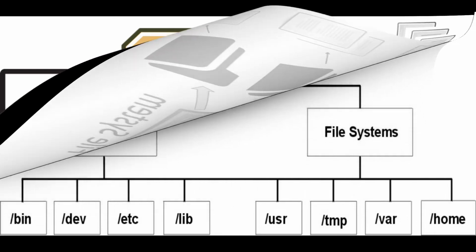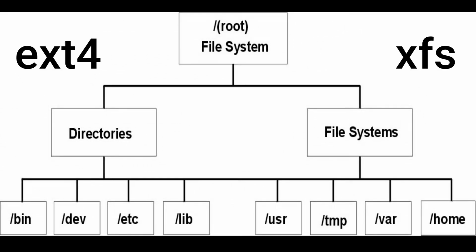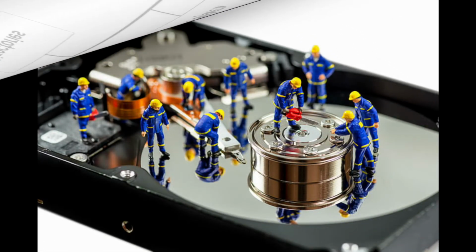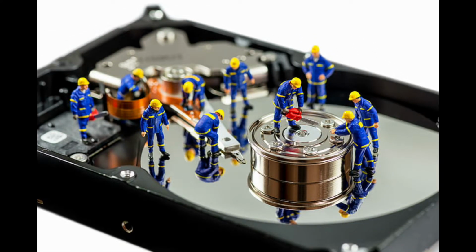In Linux, the common file systems are ext4 and XFS, while for Windows, the most common file systems are NTFS or FAT32. So basically, disk partition means dividing that drive into many parts so that each part can be accessed as if it was a separate disk.